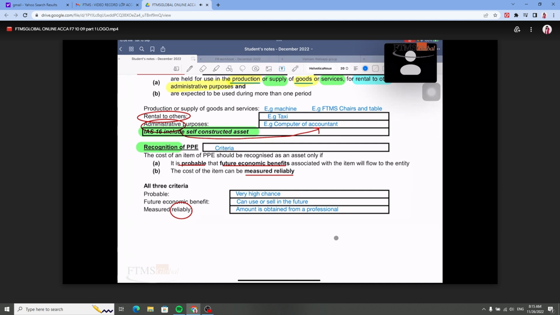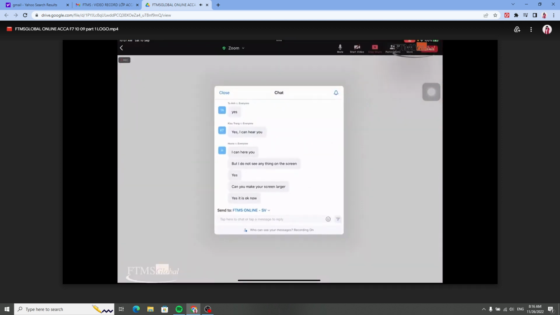Let me give you one example. For example, I'm talking about a building. Of course in Vietnam, we have a lot of buildings. Maybe we have Royal City, correct? Royal City is a building. If I tell you Royal City is worth 20 billion US dollars, do you think it's reliable?